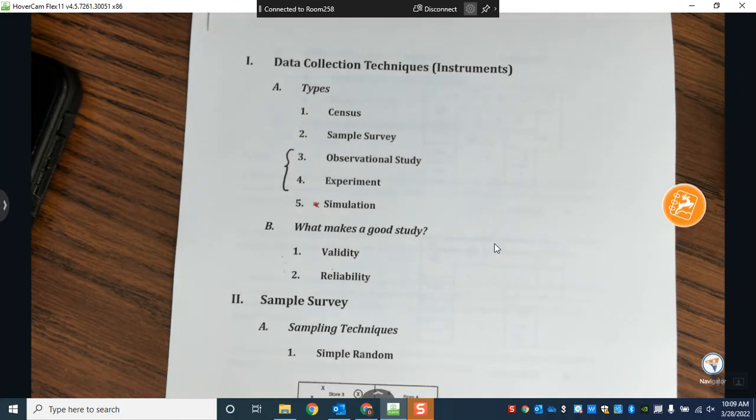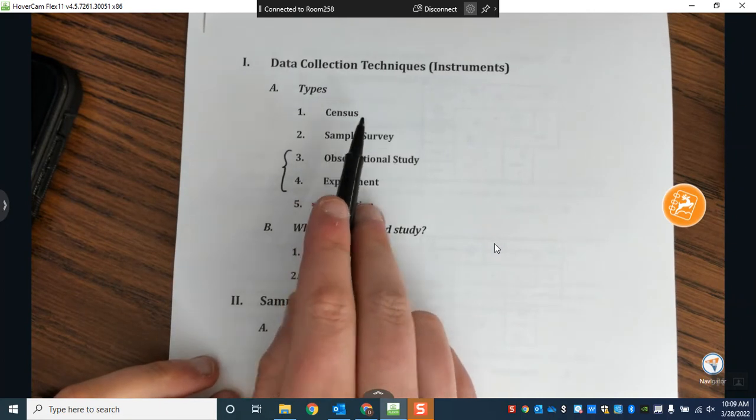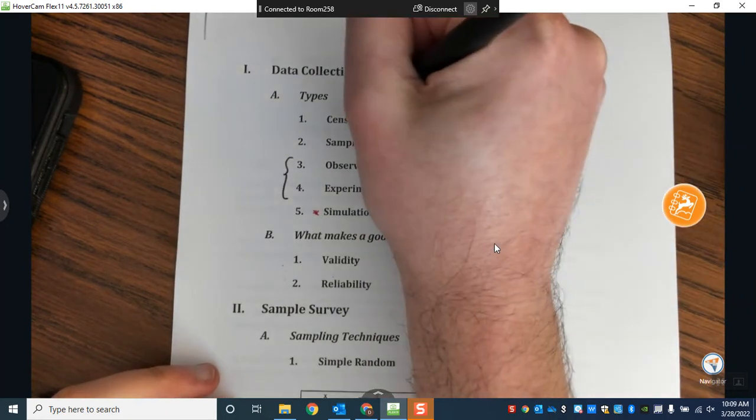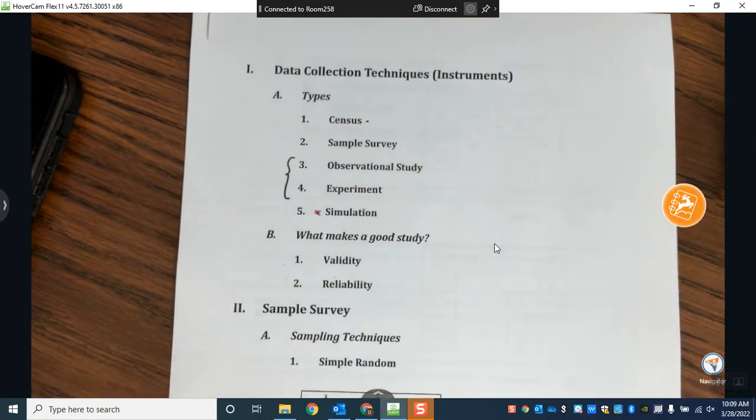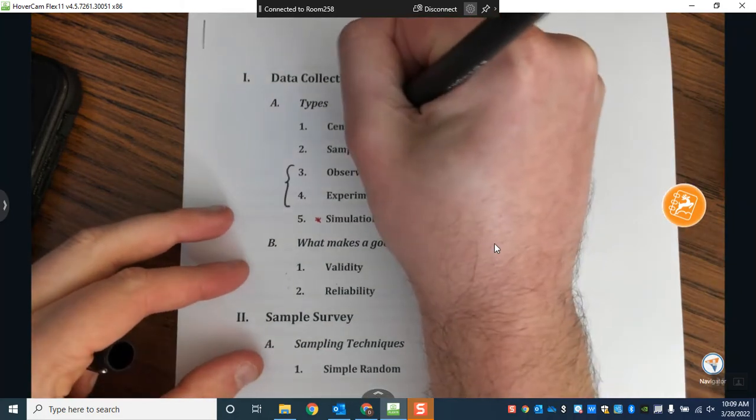All right, we just need to know the difference between a census and a sample. All right, you guys are familiar with the census. In statistics, a census is anything where you collect data from your entire population of interest.